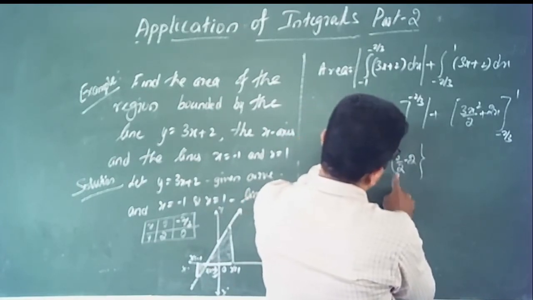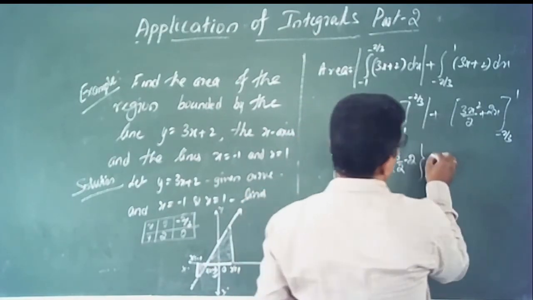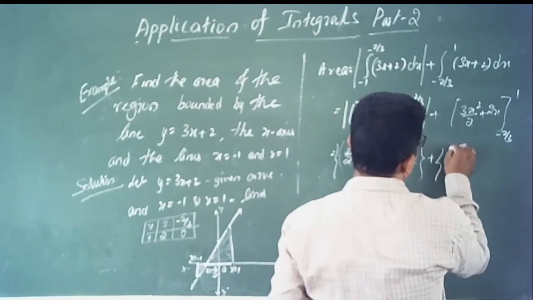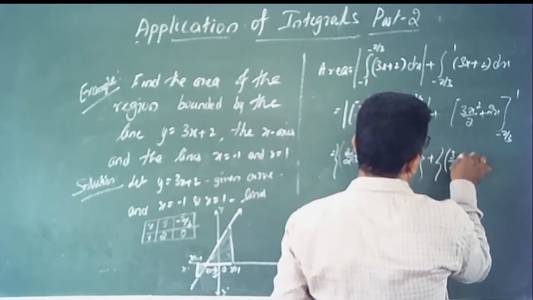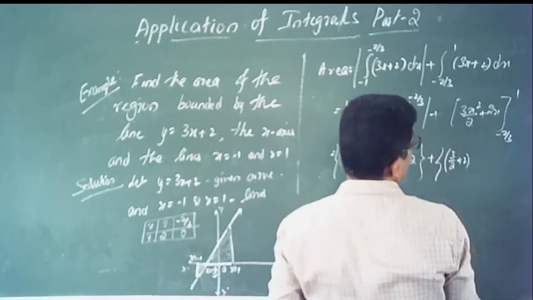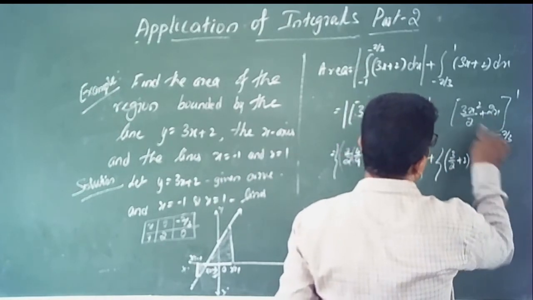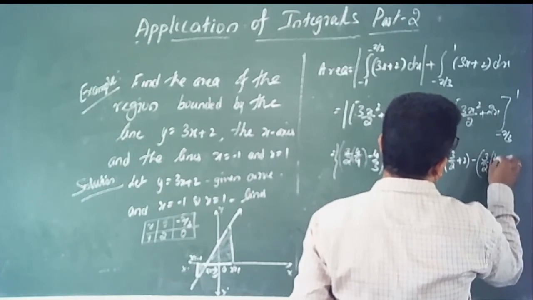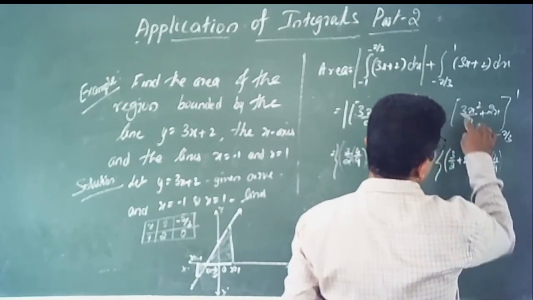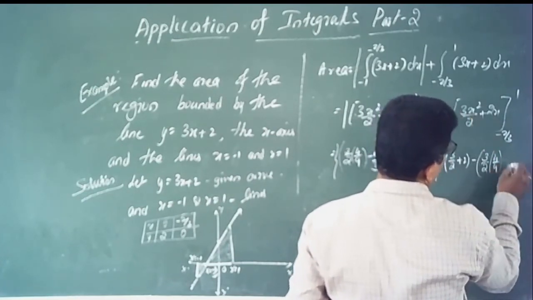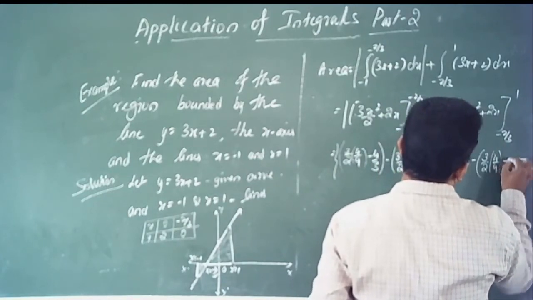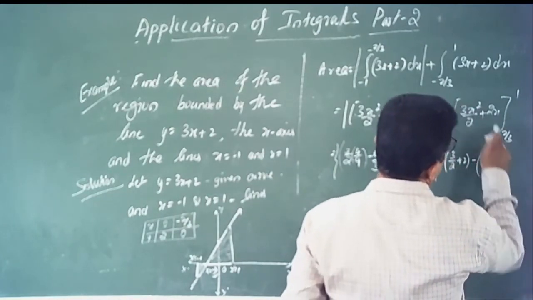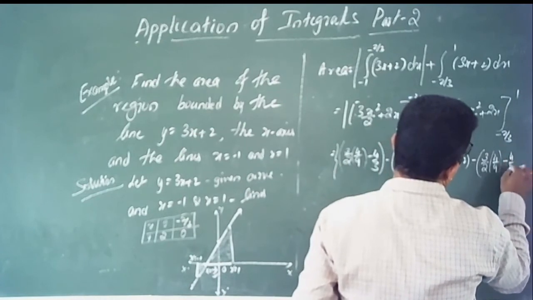Put x equal to minus 1 into 2, it means plus, here also, you get, put x equal to 1, 3 by 2 plus 2. Right? Minus, put x equal to minus 2 by 3, 3 by 2 into 4 by 9. Correct? 3 by 2 into 4 by 9 minus, plus 2 into 4 by 3.